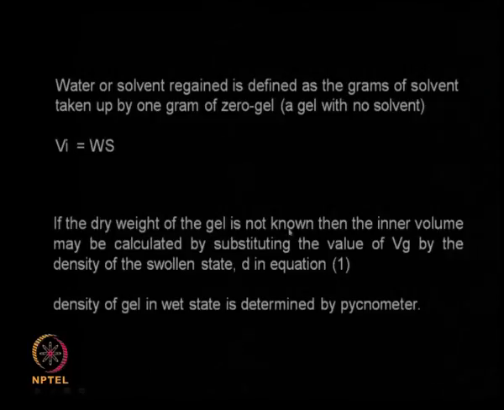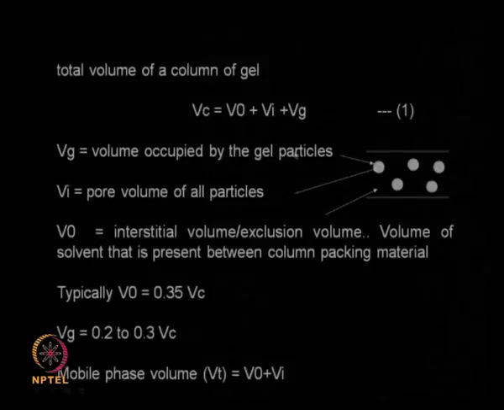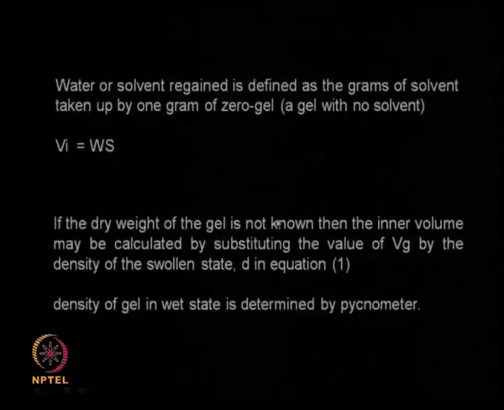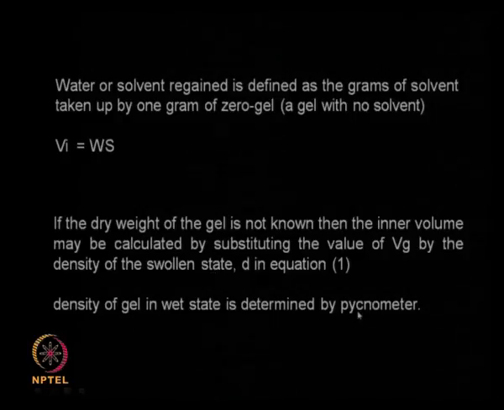If the dry weight of the gel is not known, then the inner volume may be calculated by substituting the value of Vg, that is the volume occupied by the gel particles when it is completely swollen, by the density of the swollen state. And the density of the gel in wet state is determined by an instrument called a pycnometer.